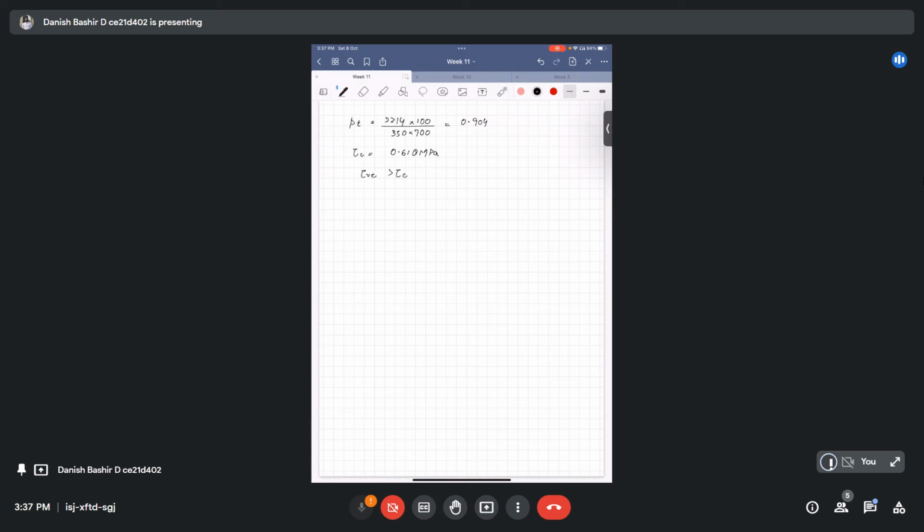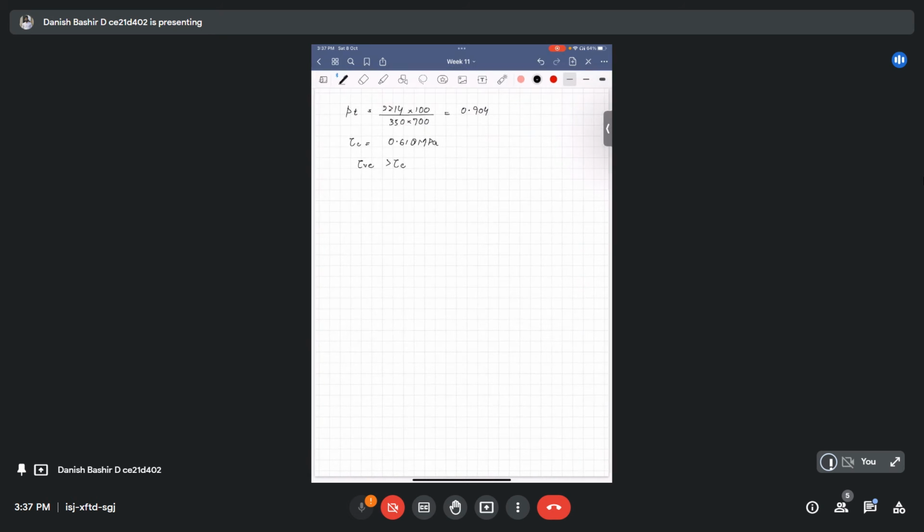So concrete will no longer be able to tolerate that amount of shear, and it will crack. To prevent cracking of our concrete, we have to give shear reinforcement and torsional reinforcement. Since the torsion here is very huge, the stirrup design will be governed by the torsion.